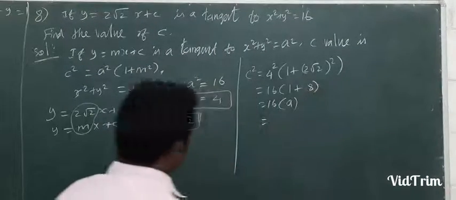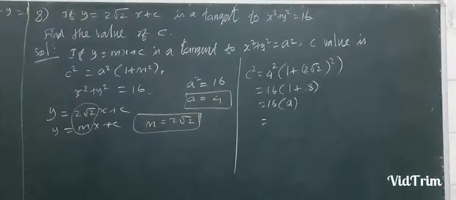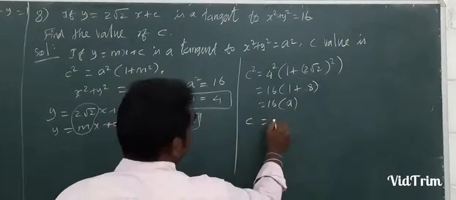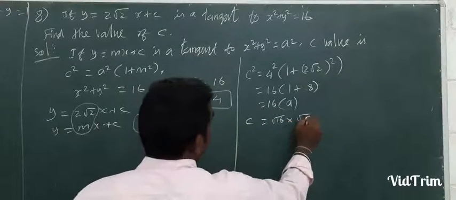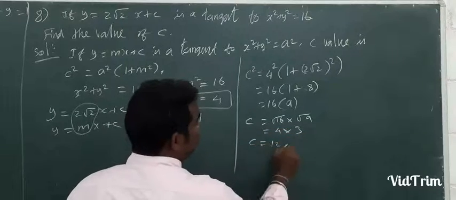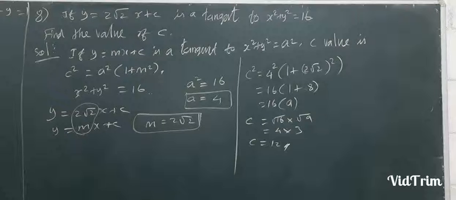Before that we have c square value, so we have to take the square root. Then c is equal to root 16 into root 9, that is 4 into 3. Then c value is 12. That's all the answer. You copy that.